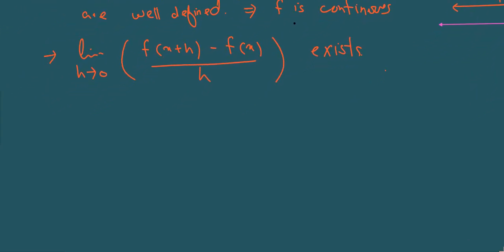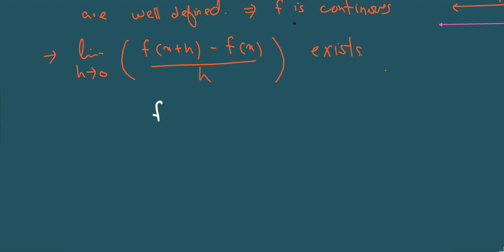Okay, and then the second condition is that the left limit and the right limit exist. When I say the limit exists, obviously the limit will exist if its left limit and its right limit are both equal, right? Now let's take a problem. Let's take a function, and we have to check its differentiability at a point.